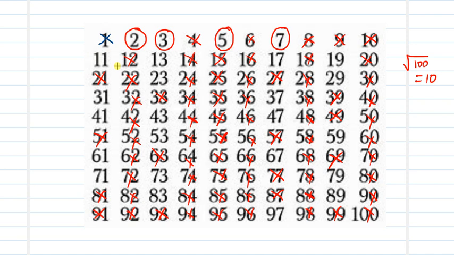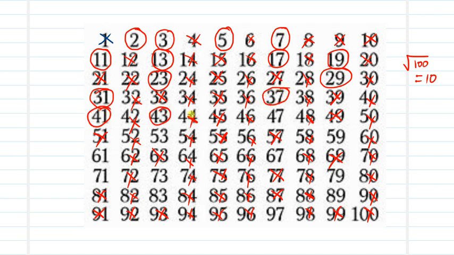So all the prime numbers are visible now. The numbers which are not struck off can be circled. These are the prime numbers, and you will notice that there are 25 prime numbers.